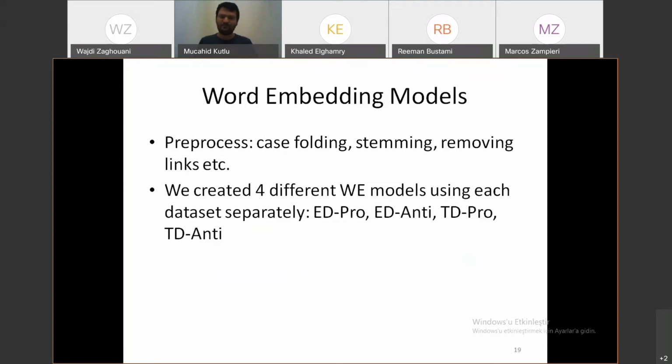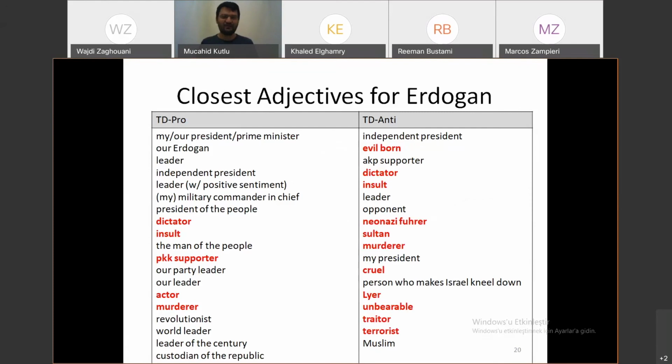And then we built word embedding models. We have 4 different data sets actually, 2 from election data, pro and anti group, and also 2 from timeline data, one for pro-Erdogan and one for anti-Erdogan group. Once we have them, we ask our main question: what are the closest adjectives for the word Erdogan in these 2?